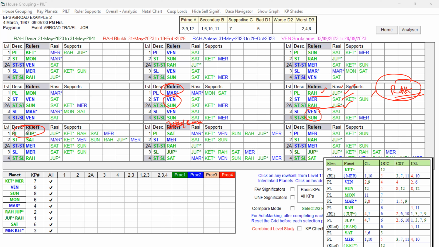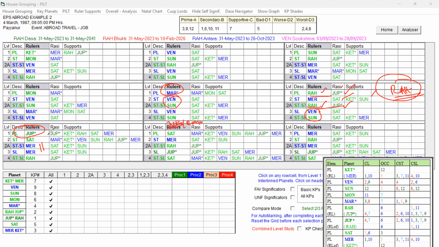Jupiter is present at the source level, and as usual, it has some weakness at these two levels. And Rahu has some weakness at the star level Mercury, but is further supported by Rahu itself. So the role of Rahu is strongly required. In place of Rahu, only Jupiter is present, and it has some weakness.